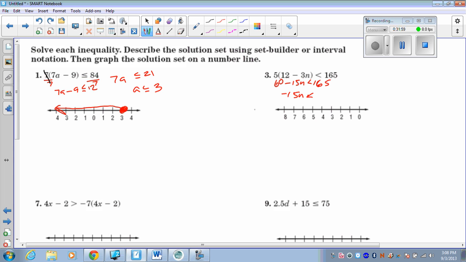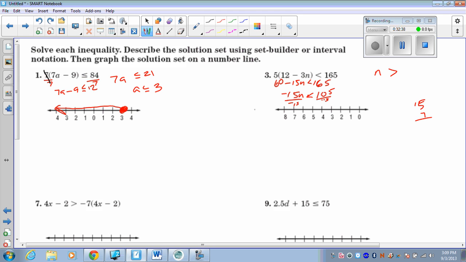Alright, less than 105. Divide both sides by negative 15. Uh-oh, watch out. Here's the catch. When you divide both sides by a negative, you have to flip the sign. Again, key thing, when I divide by negative 15, you've got to make sure you switch the sign, so now it's greater than. So then I have n is greater than, what is that, 7?